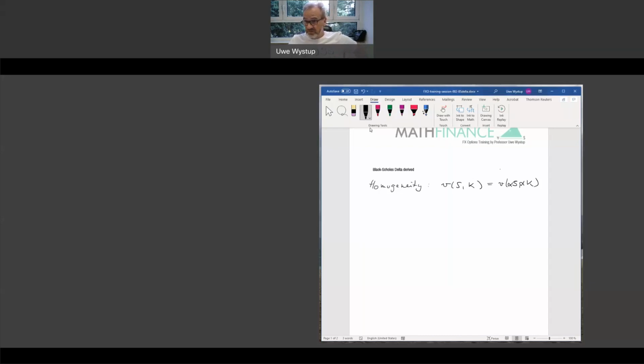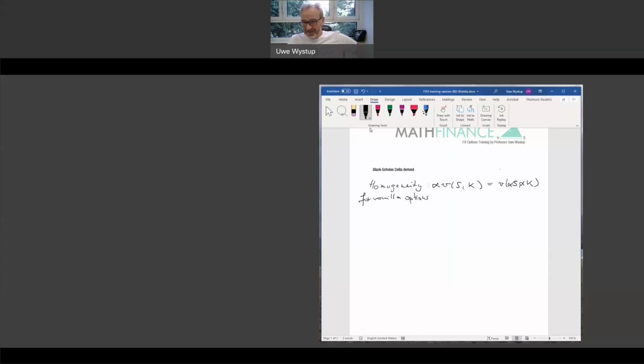So the value of the option measured in cents will then also be a factor of 100 bigger, right? Does that make sense? So this is homogeneity, very simple for vanilla options, and these are the options we talk about.